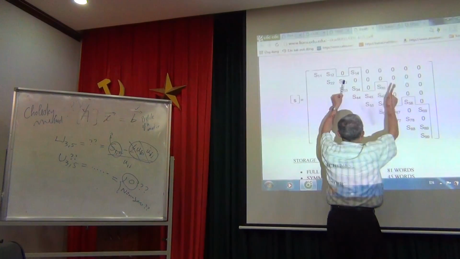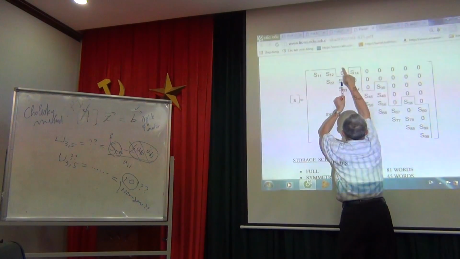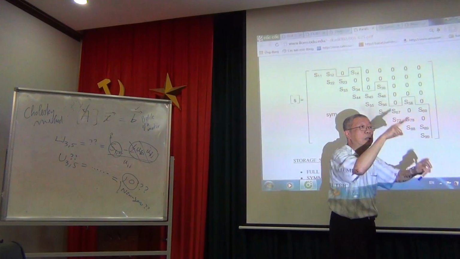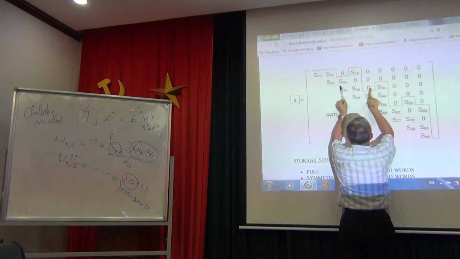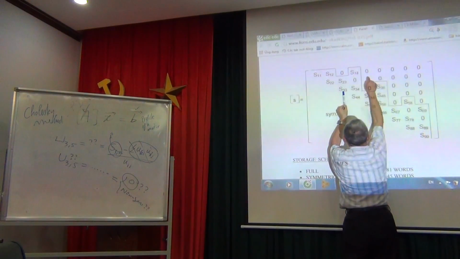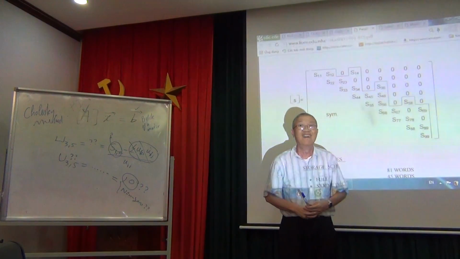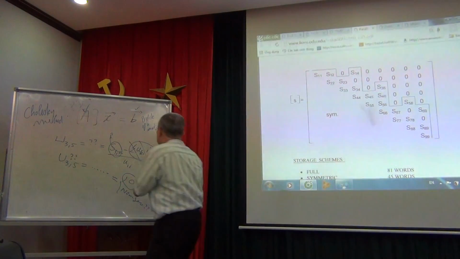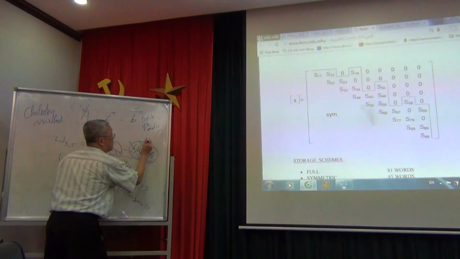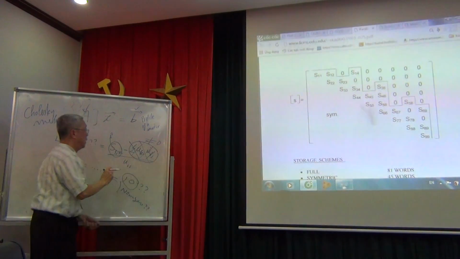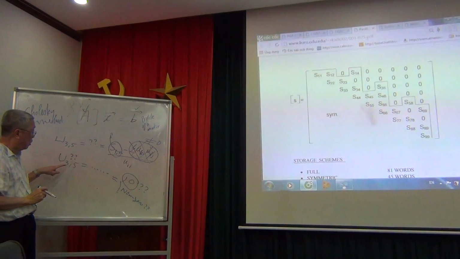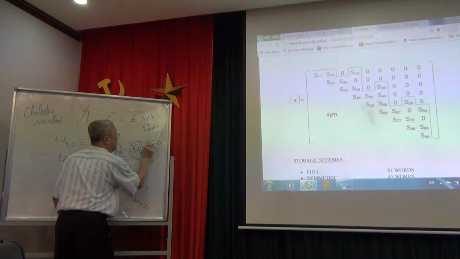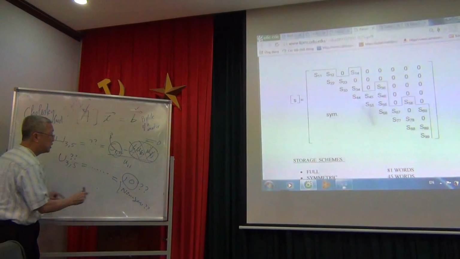Why? Because look at column 3 and column 5. This times this, 0 times 0 is 0, right? Plus this times that, still 0. Do you understand? Because this product is 0, therefore this guy is 0.